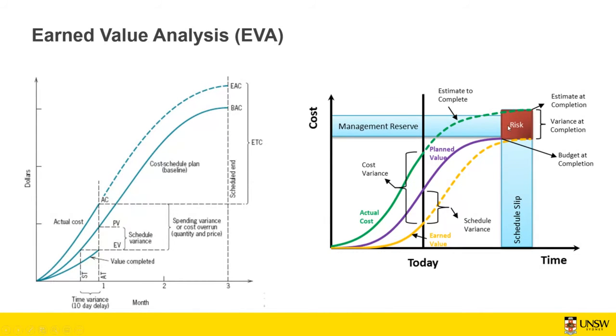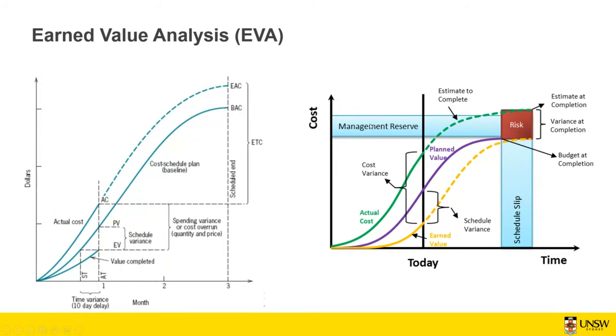So it means that there is an element of risk here, because based on the analysis of the earned value so far and actual cost, we forecast that by the end of the project, we are going to have a higher cost over the planned budget, and also there are going to be delays in completion of the project.